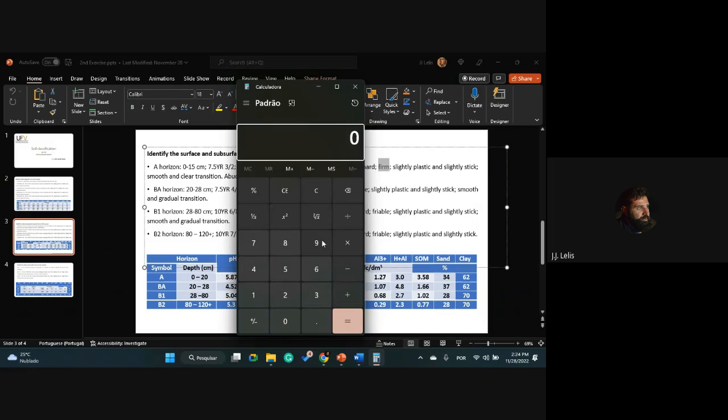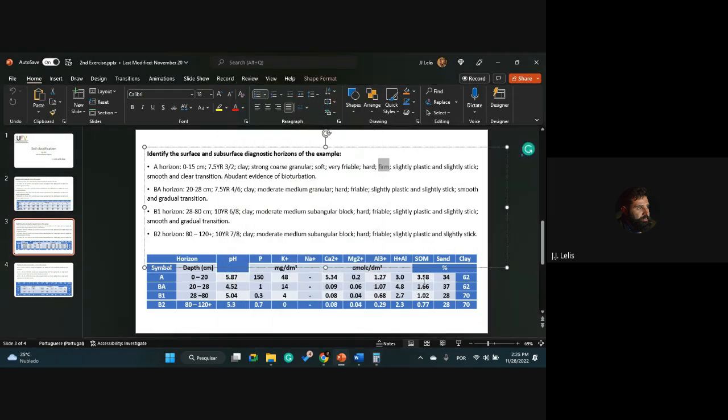And to calculate the content of soil organic carbon, we just need to divide it by 1.741. So the content of soil organic carbon in this first horizon, in the surface horizon, is just 2.05.